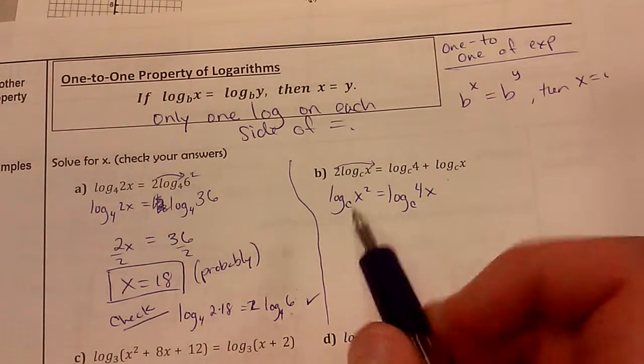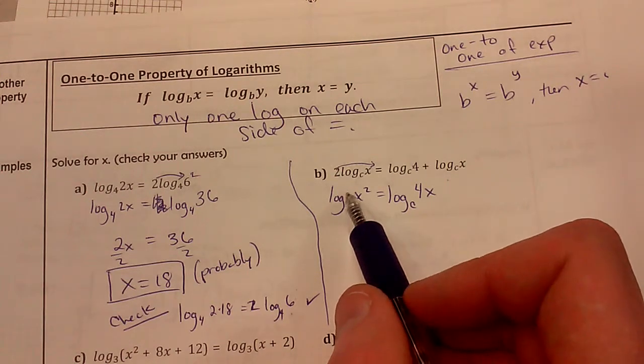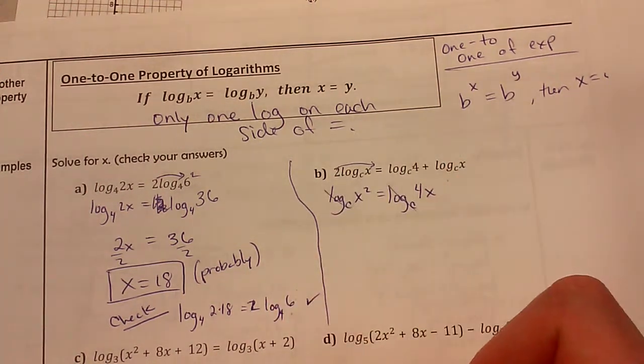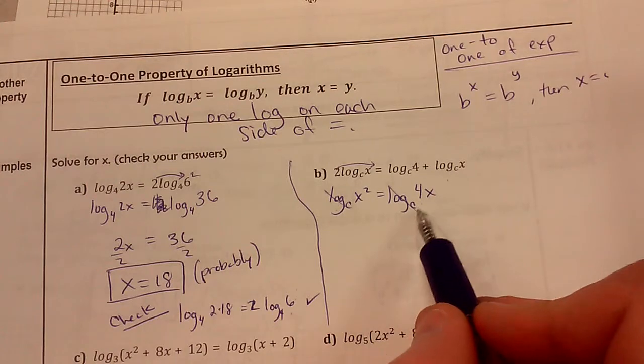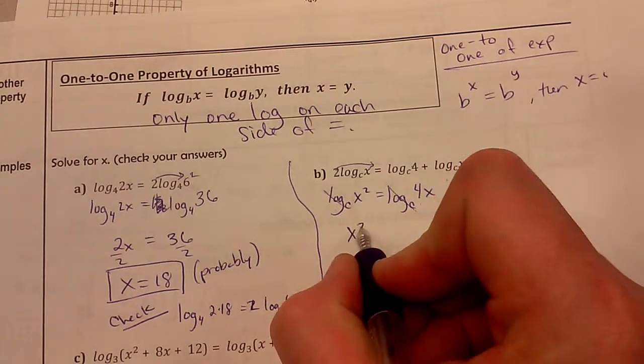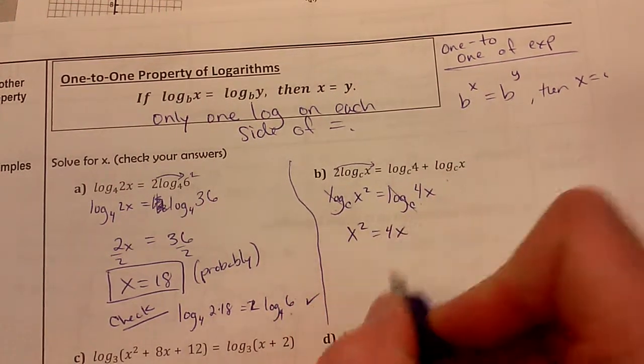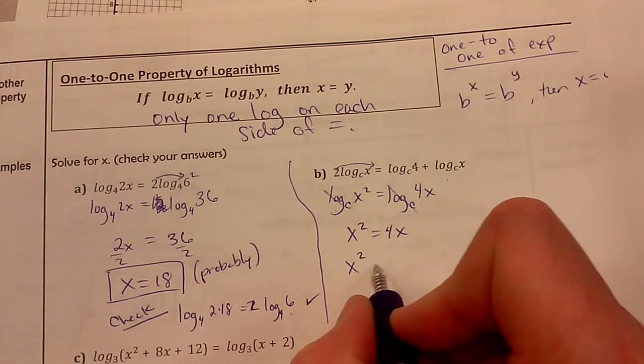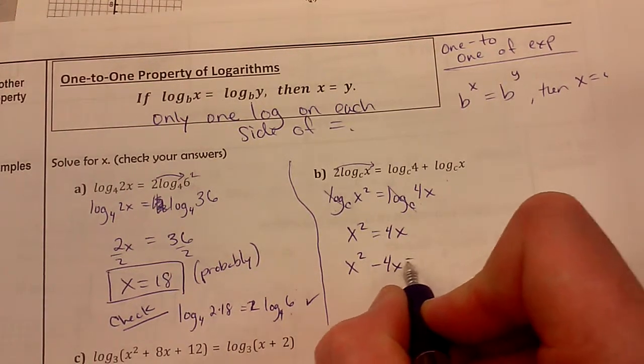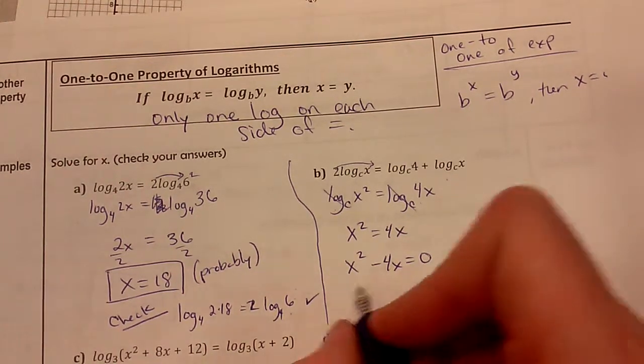Now I can use the one-to-one property to make the logs disappear because I have 1 and 1 and the bases match. So I have x squared equals 4x, so x squared minus 4x equals 0. This is a quadratic that's factorable.